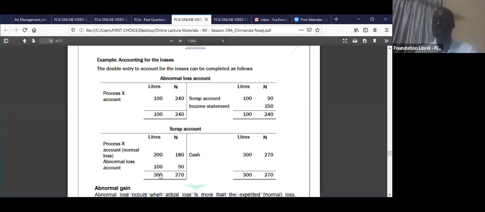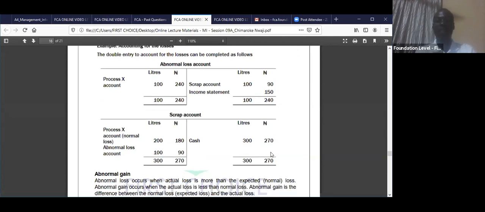You are scrapping 300 units, sorry, which are the losses. And look at the scrap value. Now, this means that this is the cash. So if you look at it critically, 90 naira was what you recovered plus your 180. That means 270 naira is what you recovered.